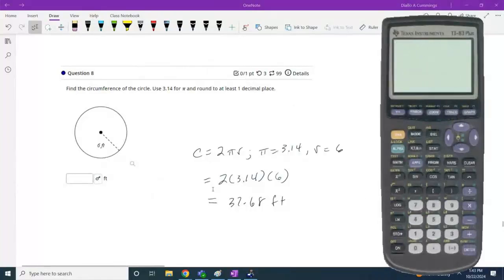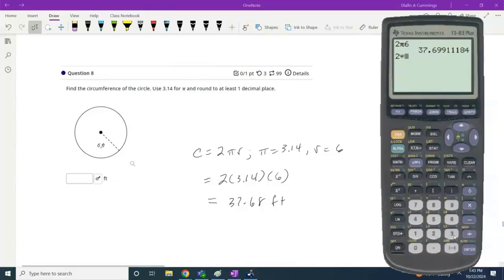So this is what I mean by that. If I put this in the calculator, on this calculator, it has a true value for pi. So if I put in 2 times pi times r, which is 6, I get 37.69.